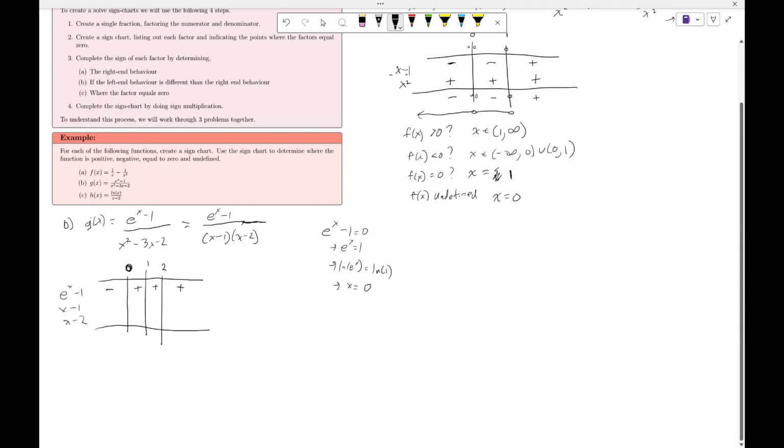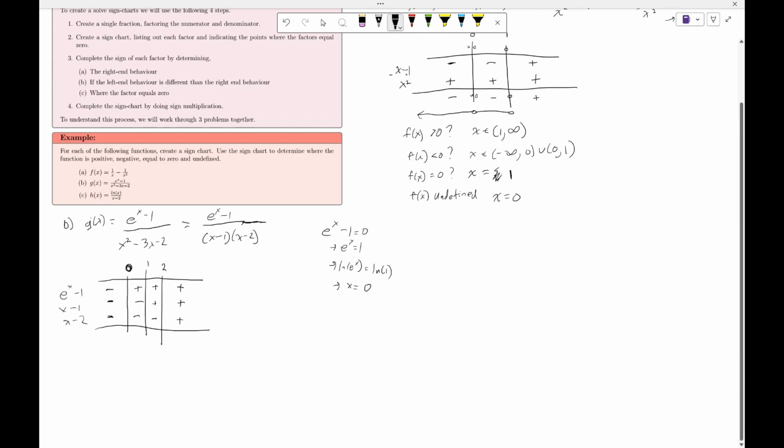Now, with x minus 1, the right end behavior is positive, the left end behavior is negative. So I change sign, and I change sign about 1, because that's when x minus 1 equals 0. And with x minus 2, the right end behavior is positive, my left end behavior is negative, and I change sign at 2.